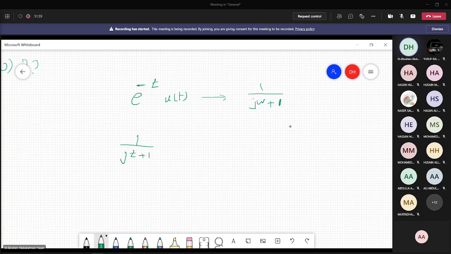We replace it here. This one, replace t with minus f or minus omega, so then e to the power of minus omega, u of minus omega. What is left now? Left is 2 pi, so multiplied by 2 pi. Don't forget this.